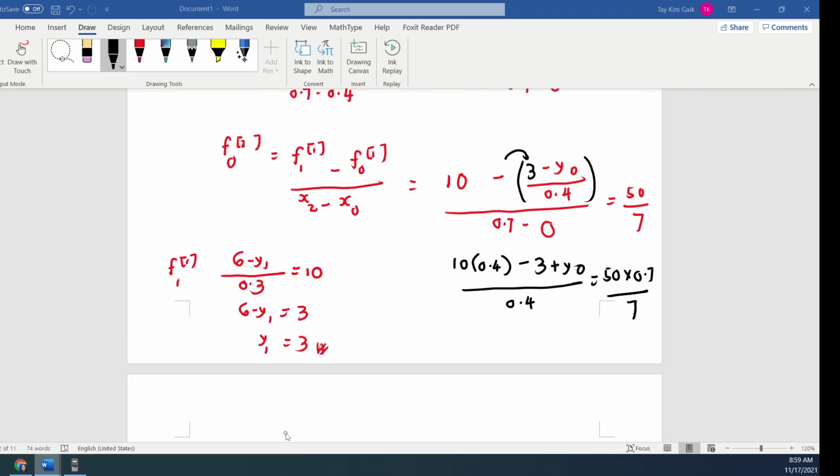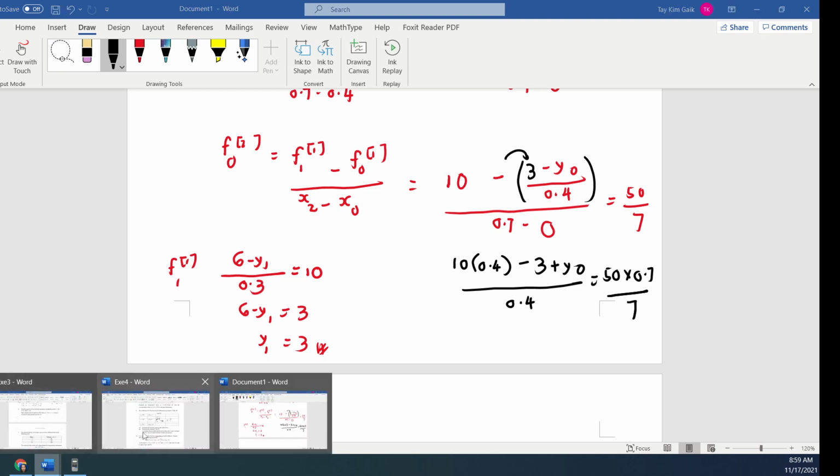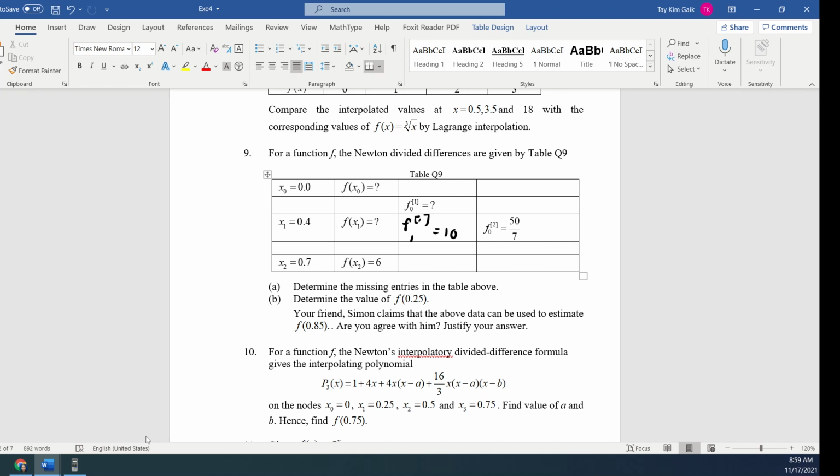If this is not provided, we cannot solve. If the f11 value is not provided, I got y1 and y naught and only one equation, two unknowns, it cannot be solved. So this one is missing this value.